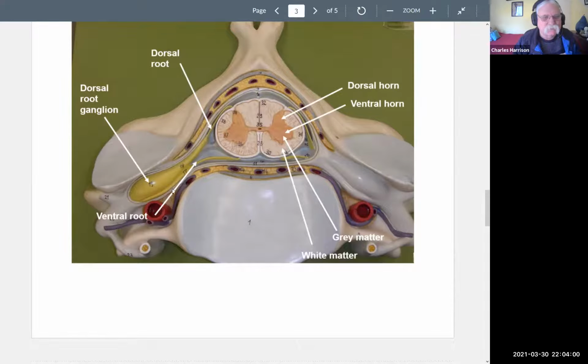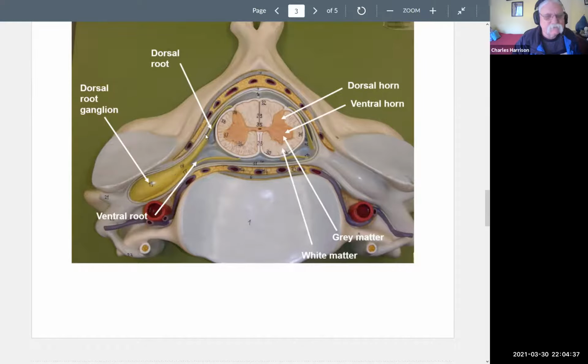And it will run parallel to the larger dorsal root, and the swollen part being the dorsal root ganglion, and the ventral root going the other way. It's an efferent. I use the terms afferent and efferent, but for the dorsal root, I could also use the term sensory. And for the ventral root, I can use the word motor.